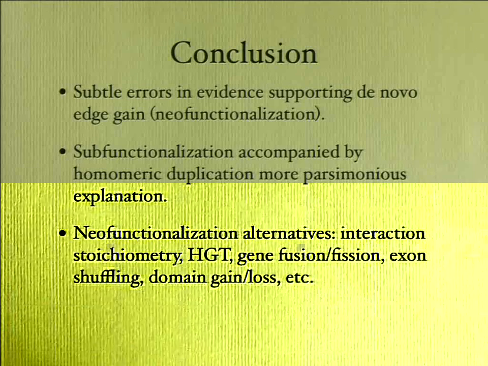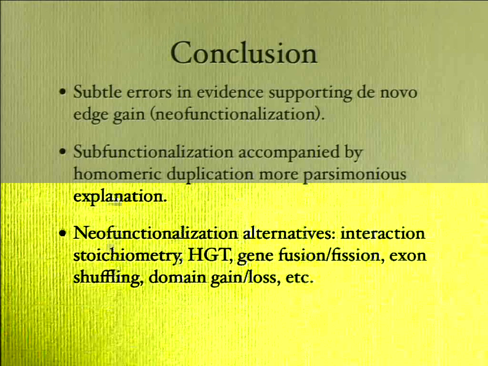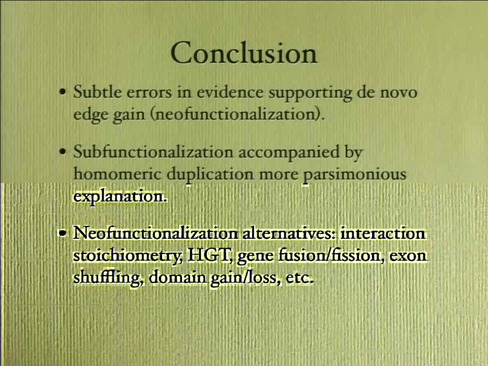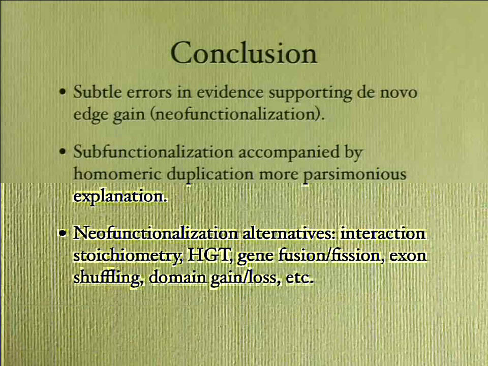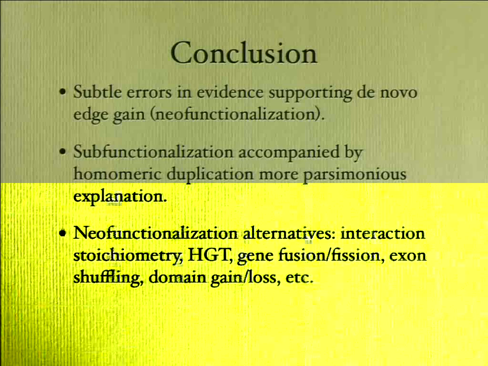Finally, I want to make it clear that I'm not denying the existence of neofunctionalization per se. It's very clear. You simply look at yeast and human, and no doubt there have been new functions acquired throughout evolution. I do want to say, in the context of what we're looking at with these models of protein interaction network evolution, that the way we're modeling it is probably not the right way, and that for those of us who are hustling these networks, we don't have to despair.